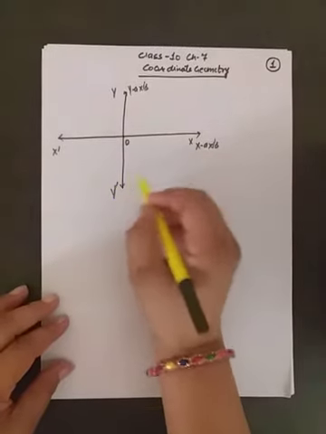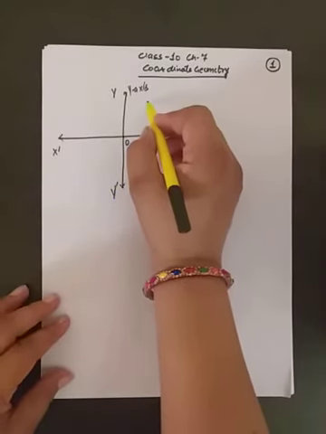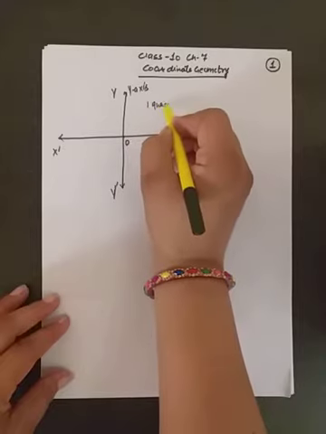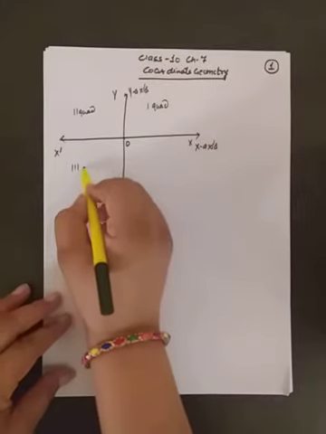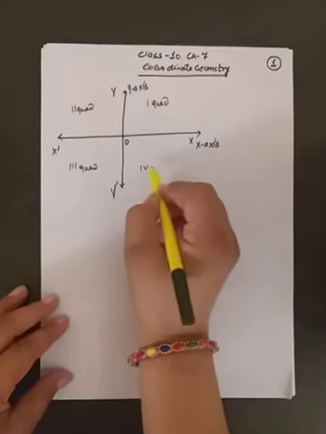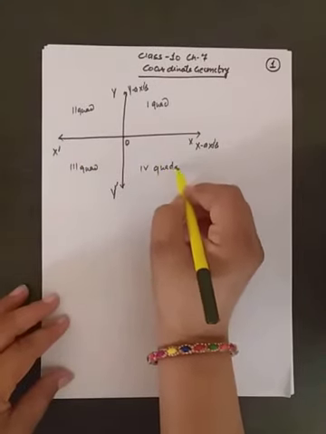These axes divide the Cartesian plane into four quadrants. This is the first quadrant, this is the second quadrant, this is the third quadrant, and this one is the fourth quadrant.